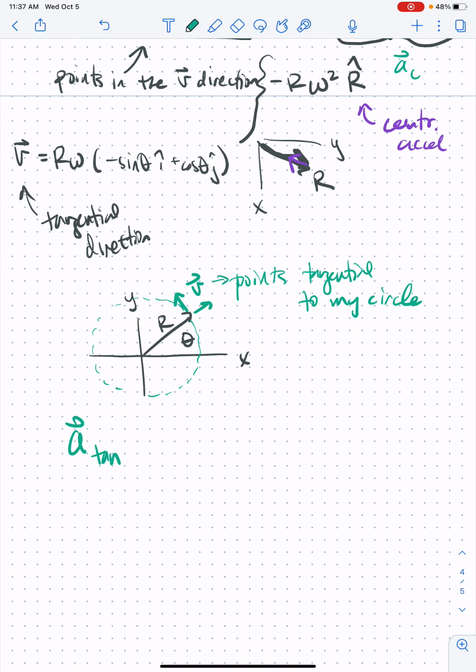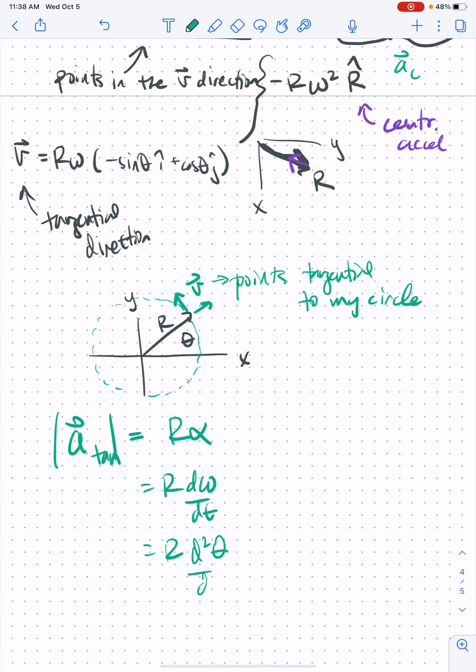The magnitude of the tangential acceleration is r alpha, or r d omega/dt, or r d squared theta/dt squared. And the magnitude of our centripetal acceleration is r omega squared. All right, and that's the end of that part.